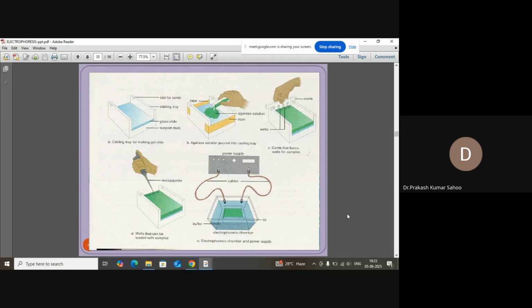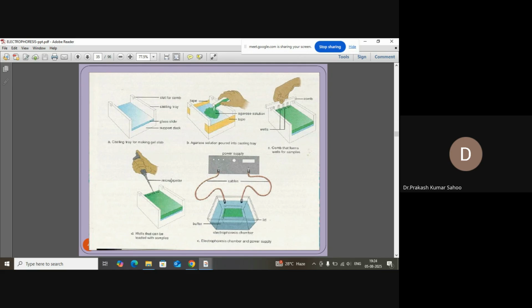Then this is how the casting tray is used for making a gel slab. So this is a tray, on which the gel is placed, and with the help of this plate, the gel is uniformly spread over the tray.